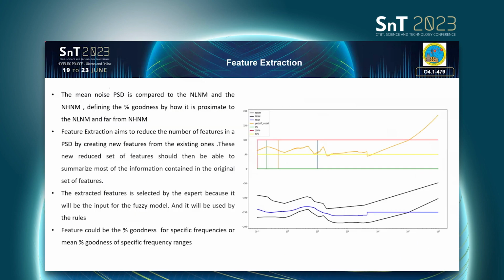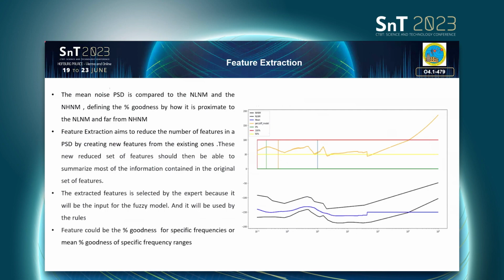For the first stages, after data extraction, converting, and calculating power spectral density, feature extraction is done by calculating the relation between the power spectral density and the new low noise model and new high noise model, which are now the standard for noise level comparison.